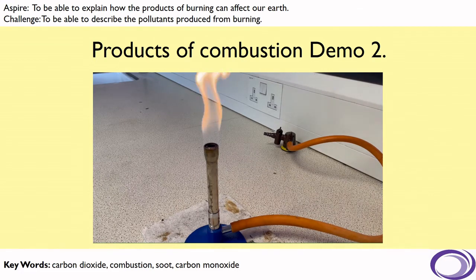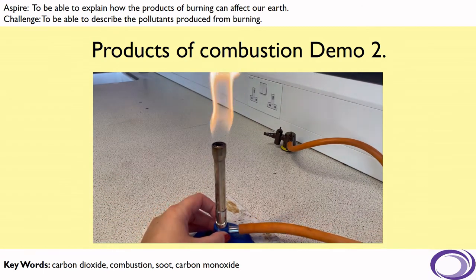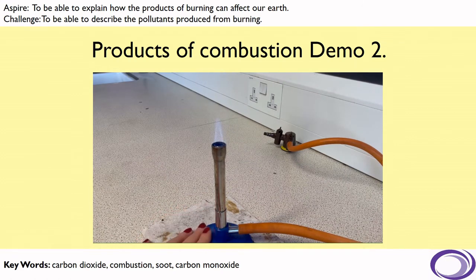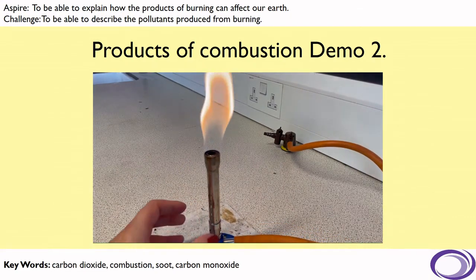So on the screen at the moment is a Bunsen burner. Now we can change the amount of air or oxygen into this flame by turning the air hole to make it open, and then we've got a blue flame, as you can see there, or I can close it and then I've got a yellow flame.